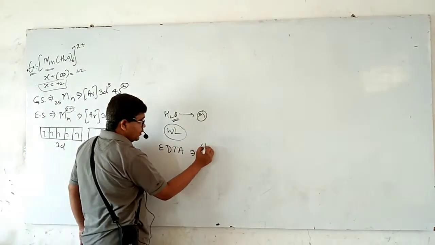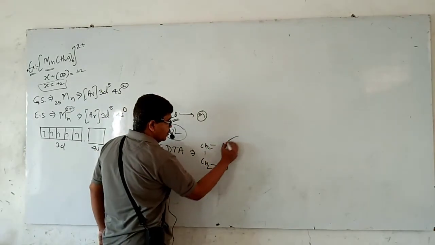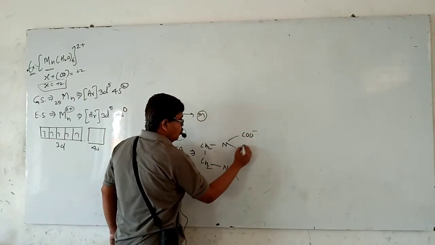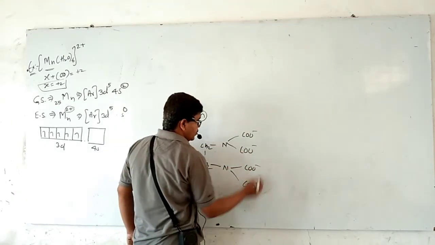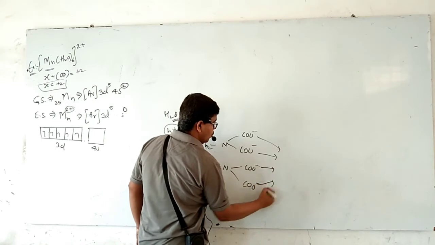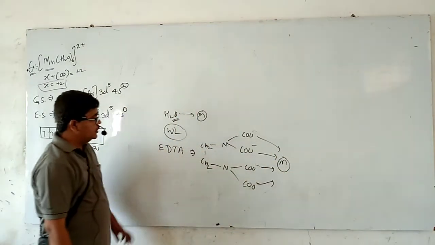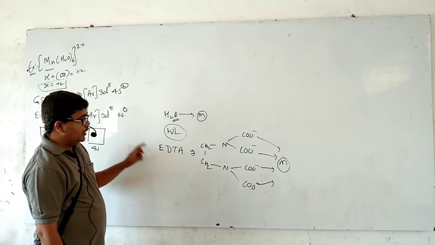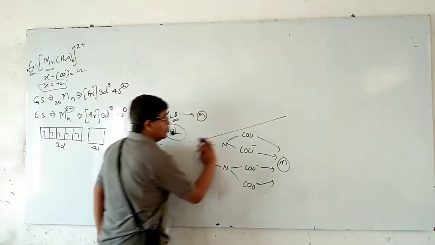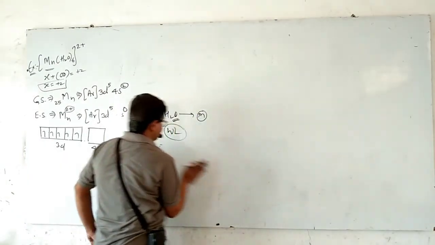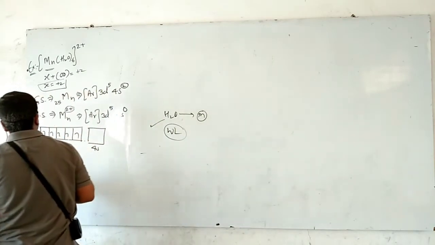What is EDTA? It is (CH2CH2)N with COO minus groups. In this example also, the donor atom is oxygen, but we still consider EDTA a strong ligand; this is the exception. Now here in H2O, oxygen is the donor atom, so consider it a weak ligand.